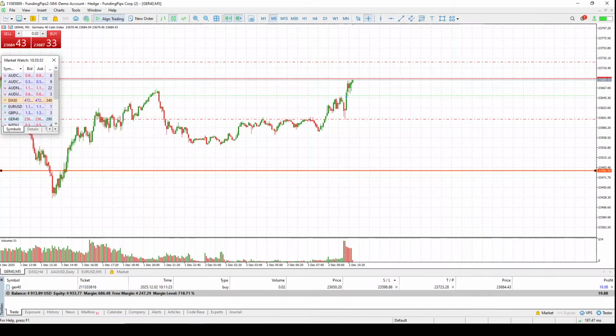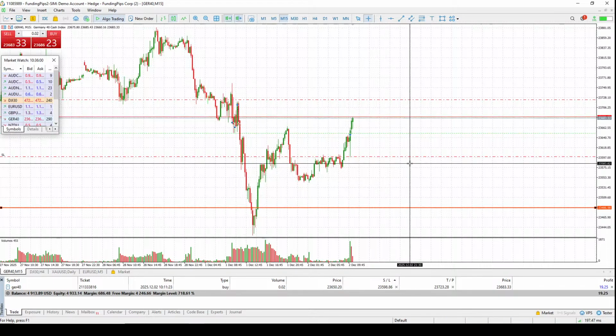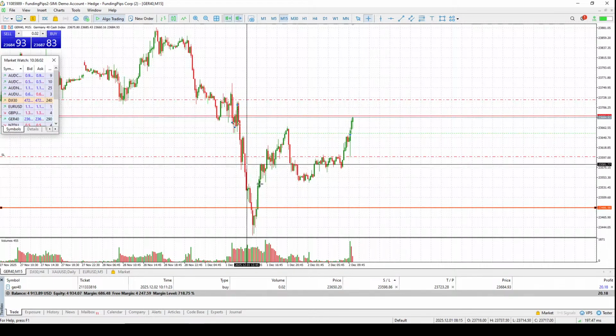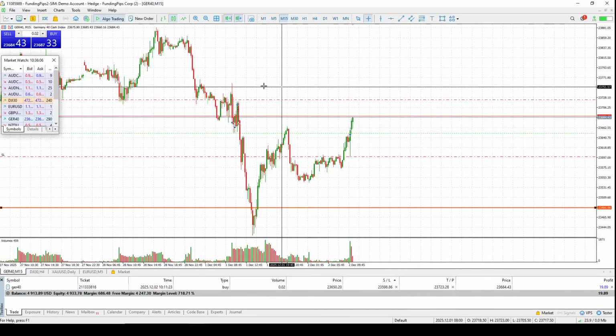Hopefully some buyers will step in and move the price as fast as they can, because after this sale, there might be a lot of orders at this level.